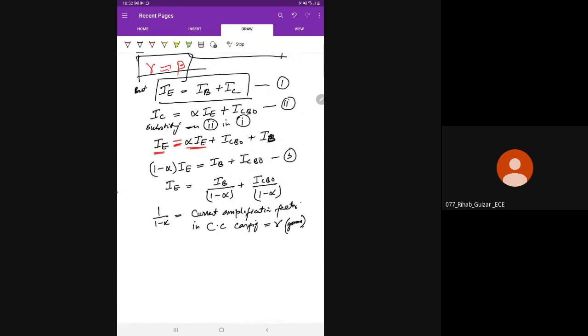So what is gamma? It is the current amplification factor. The first relationship we found is gamma is equal to 1 divided by 1 minus alpha.